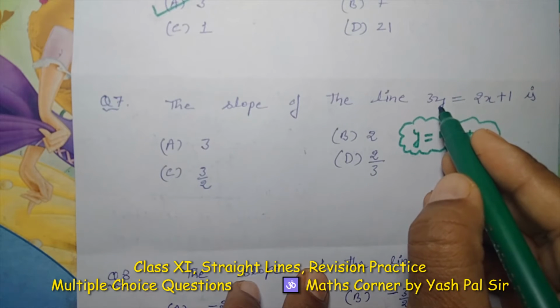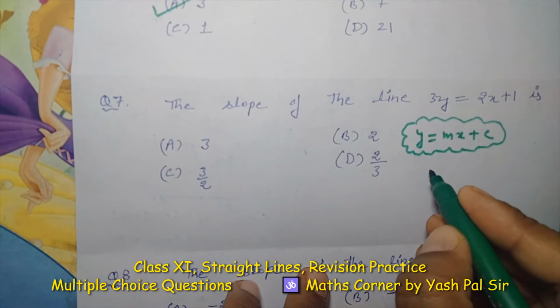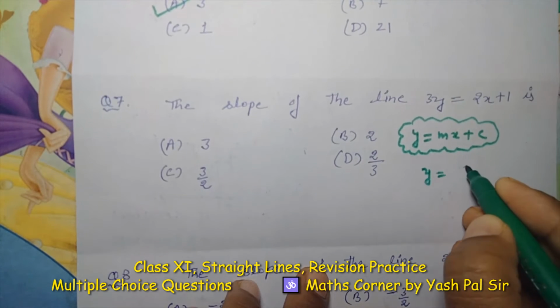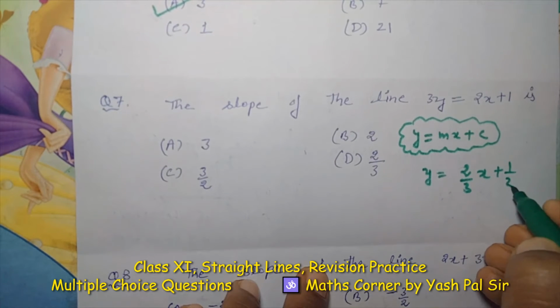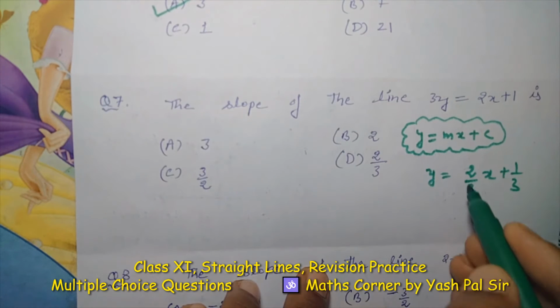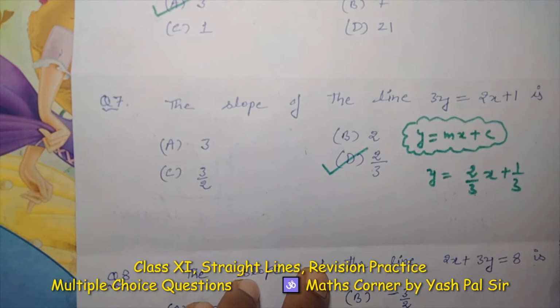We need y alone at left hand side, that is dividing both sides by 3. So we have y is equal to 2 upon 3 x plus 1 upon 3. So what is m? m is the slope. 2 upon 3 is the slope. Option number D is the right choice to this question.